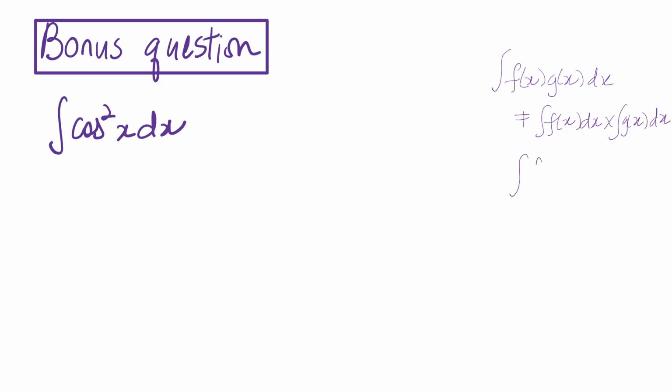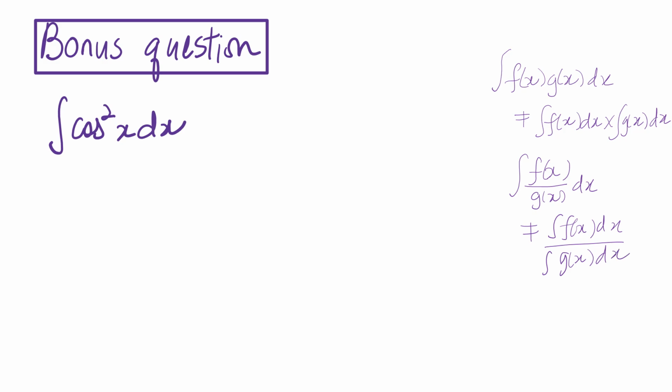Also, if you integrate f of x divided by g of x dx, this one is not equal to the integration of f of x dx over the integration of g of x dx.